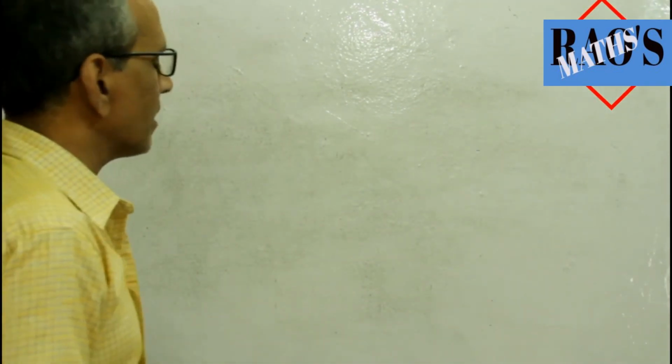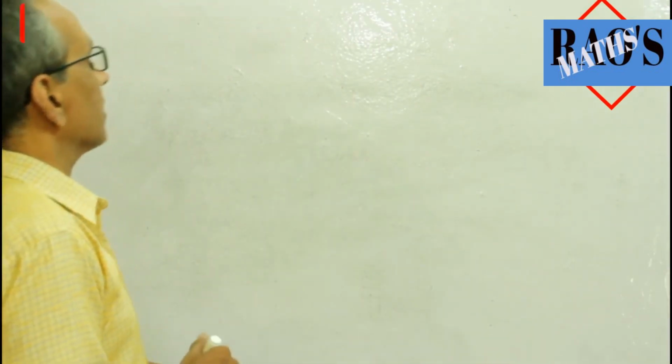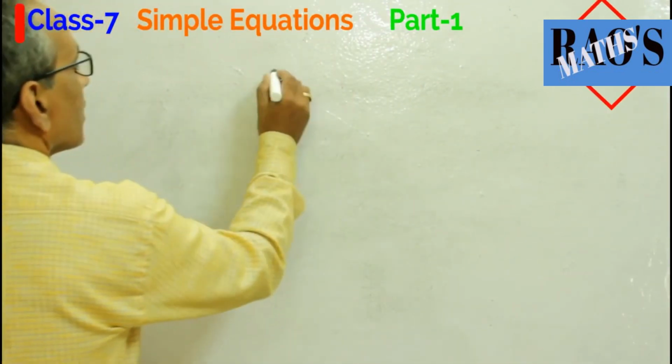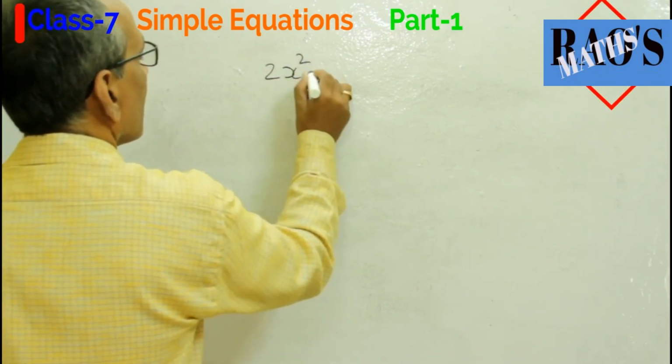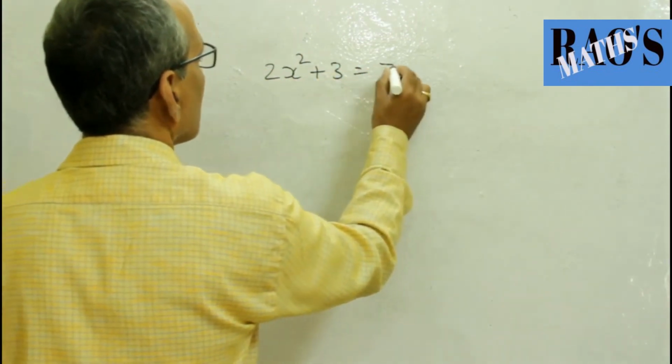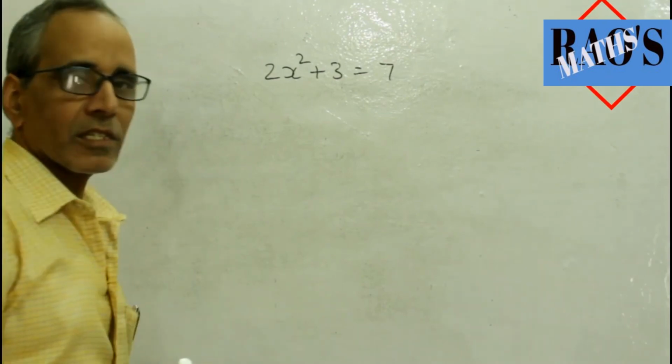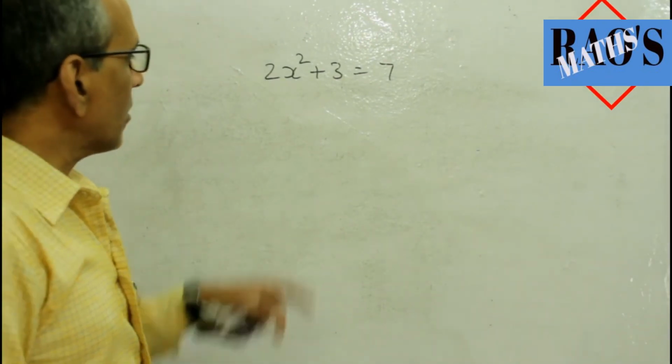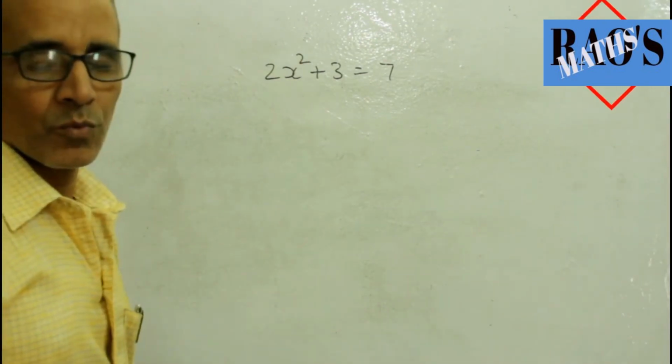A linear equation is an equation which has one variable of 1 degree only. See here, I write an equation 2x square plus 3 is equal to 7. It's not a linear equation, it is a quadratic equation because the variable power is 2.